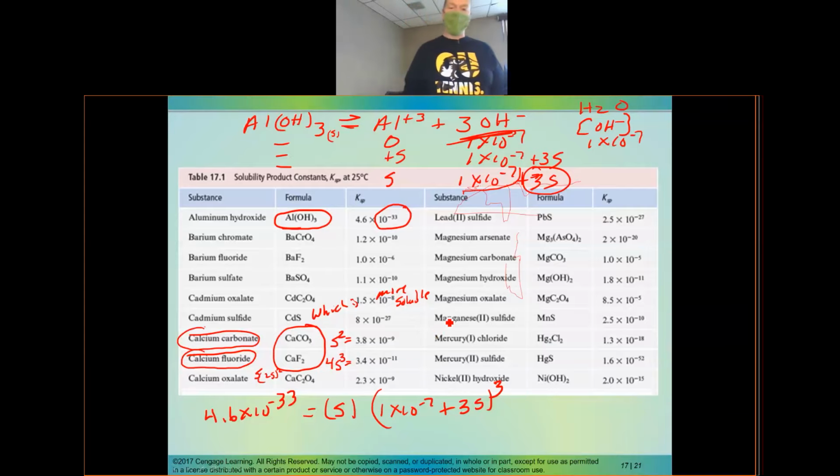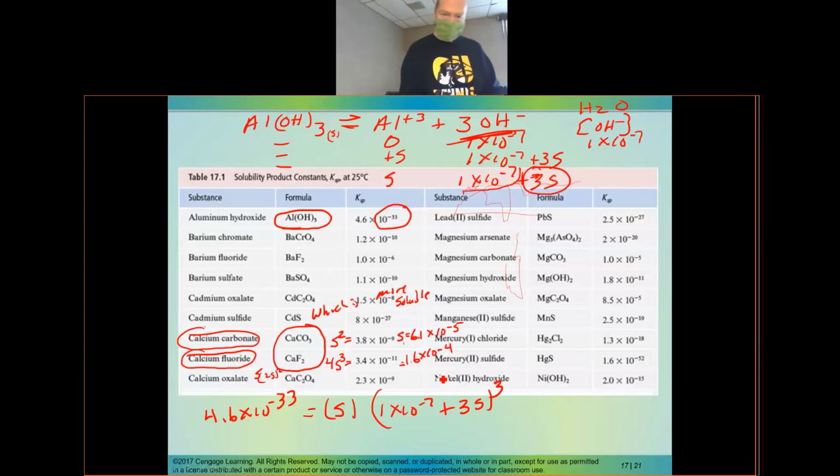All right, and so when you take the 3.8 times 10 to the minus 9, take the square root, you get your solubility, and that is 6.1 times 10 to the minus 5. I'm not sure about the 0.1. All right, and when you take and divide this by 4 and take the cubed root of that, we already did this one, that is 1.6 times 10 to the minus 4.